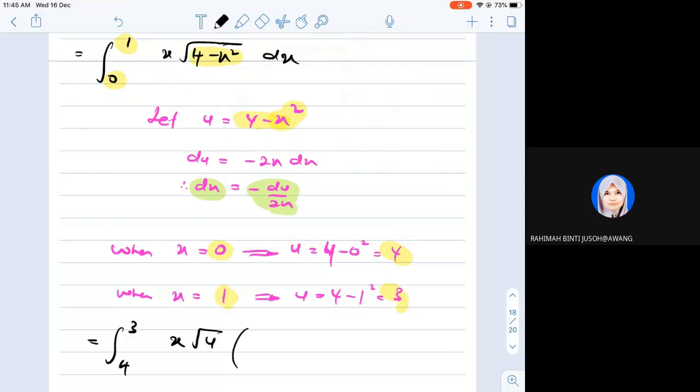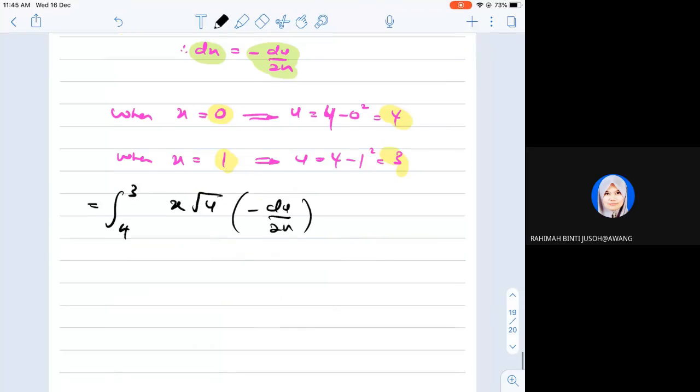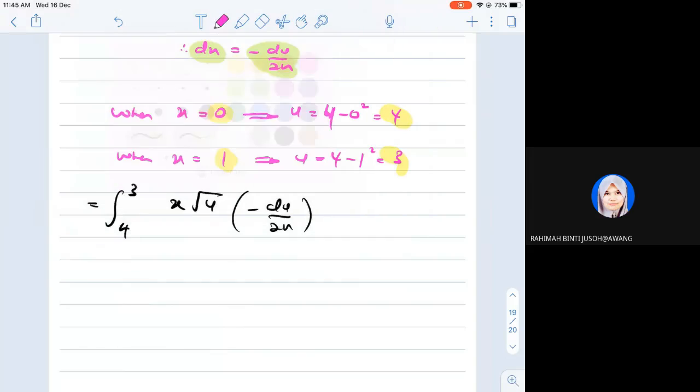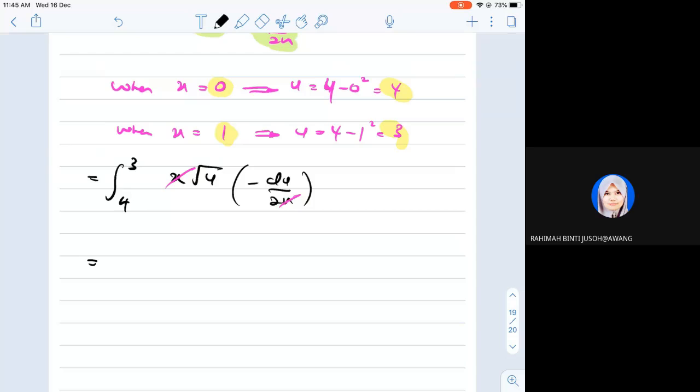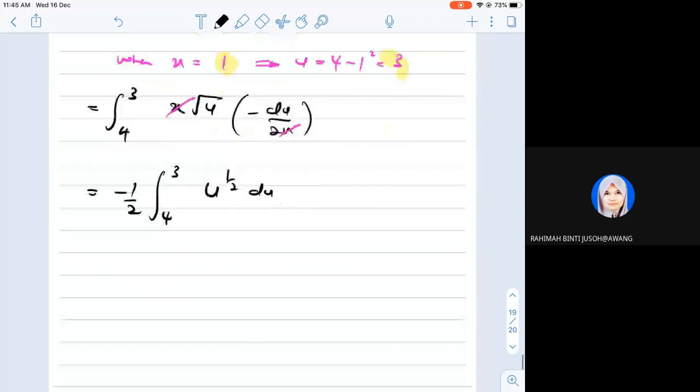So we can cancel this x and this x. So it becomes integration equals negative 1 over 2 can be taken out, integration from 4 until 3 u to the power of 1 over 2 du. I change the square root sign jadi power of half lah.